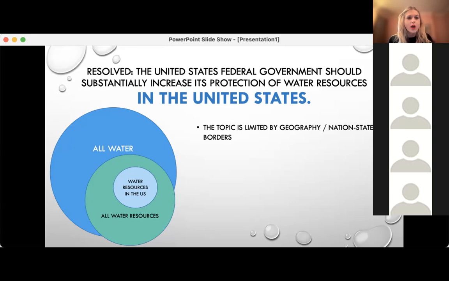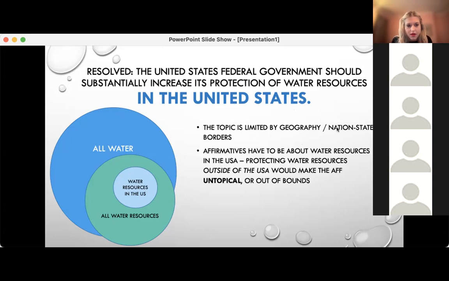Water aid would be done by the executive branch, the State Department, whereas water policies here would be done by the EPA or Congress, right? Or localities. So we have to put a limit on how we think about regulating water resources so that we can concentrate on the methods of regulating our own water resources, basically.